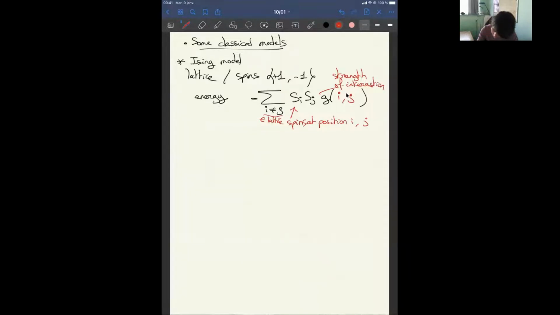Okay, and in the classical model, J of i, j is a constant times the indicator that i, j are neighbors on the lattice. Okay, but it doesn't have to be this.